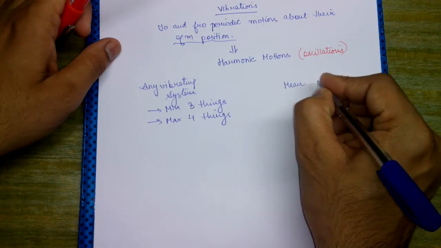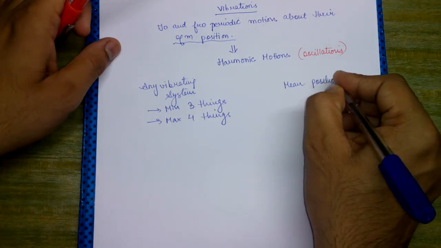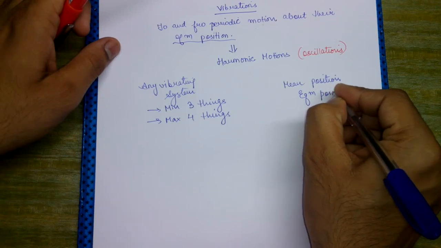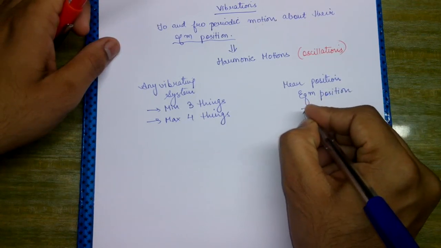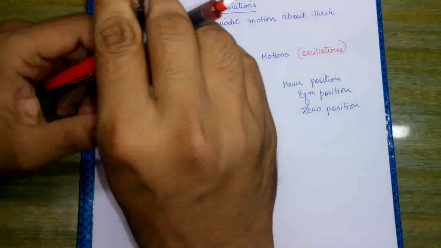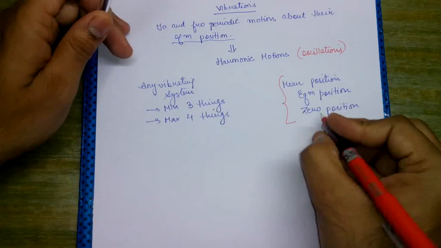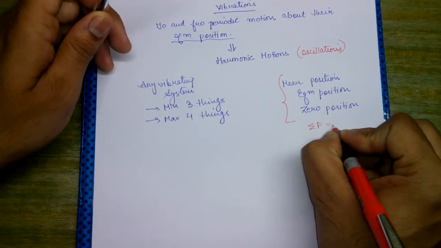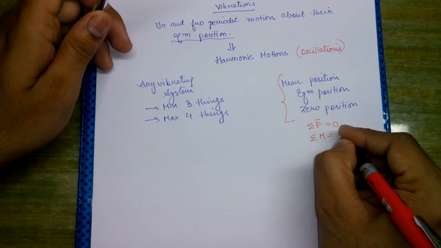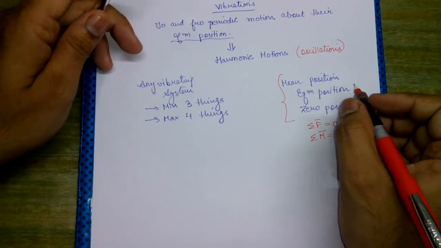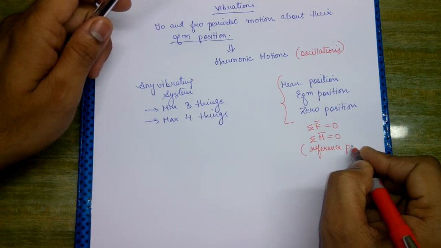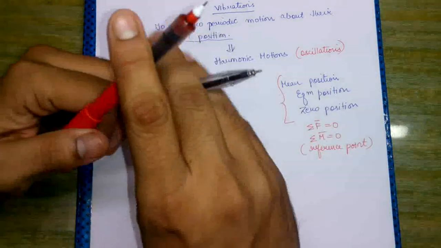So mean position, equilibrium position or zero position are actually synonyms of each other, and they simply correspond to the condition when the summation of forces is equal to 0 and summation of moments is also equal to 0, such that it is also known as reference point. Okay, it is also known as reference point.